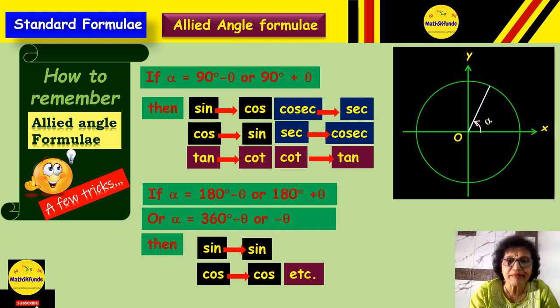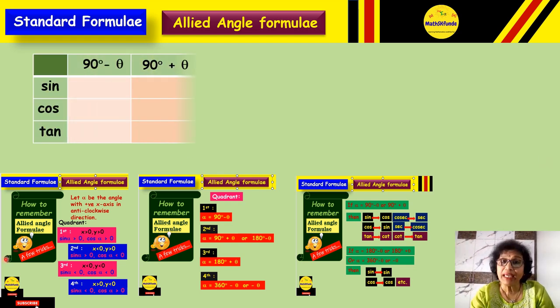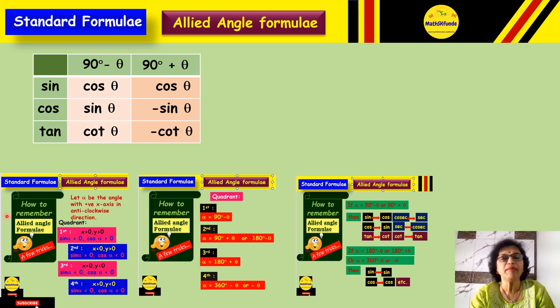Okay, let's move further. Now, these are those three cases. I have just put here those three cases what we discussed just now. Now, with help of these, I will be making a table. For example, we have to find sine of 90 minus theta, sine of 90 plus theta. Same is with cos and tan of 90 minus theta or 90 plus theta. Now, I am filling these columns here as cos theta, sin theta, minus sin theta, cot theta, and minus cot theta.